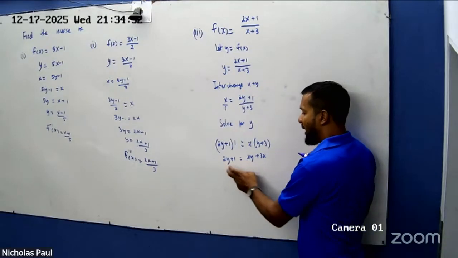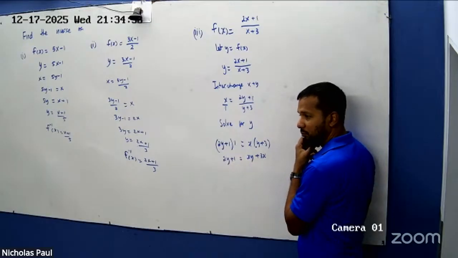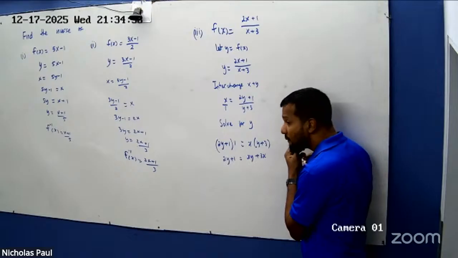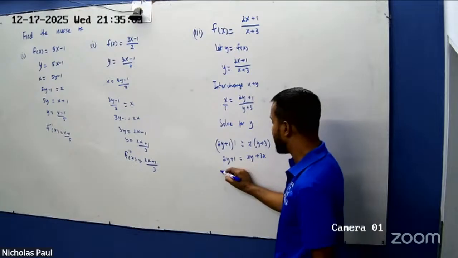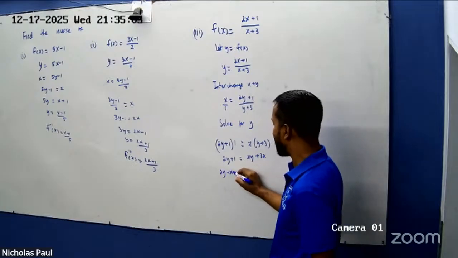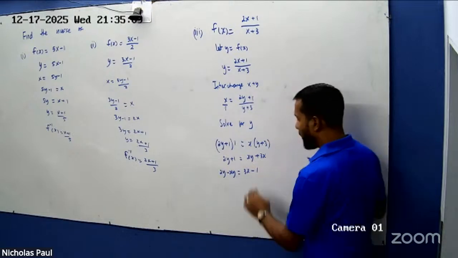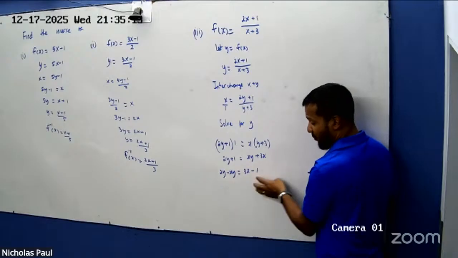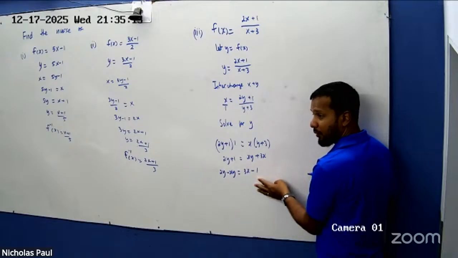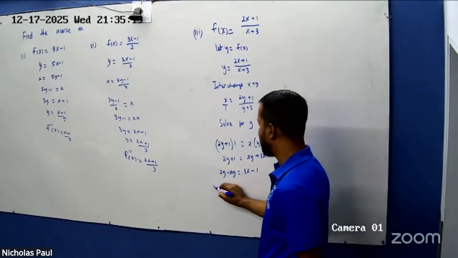I have a y here and a y here. So what to do? Group it, bring your like terms together. So it will be 2y minus xy is 3x minus 1. I bring the y's together and I bring the number on this side. Now, because I have the y's here, I can factor out y.